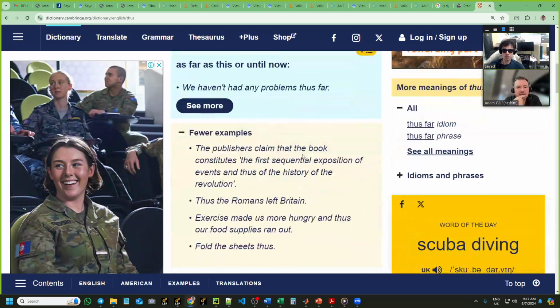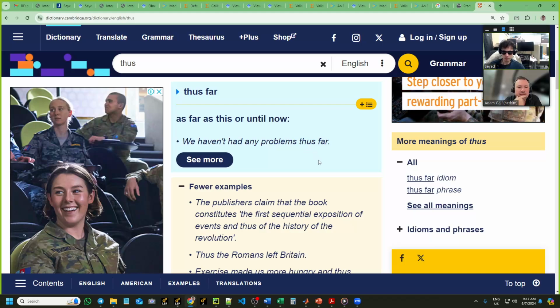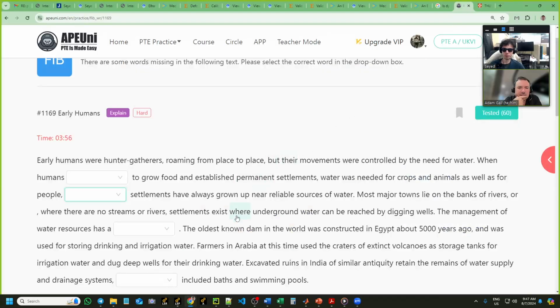Yeah, but I think the important thing here is, there's something else that's important. It's a subtly different logical relationship. "Thus" is with this result. So one thing results from the other, or one thing happens in a certain way.